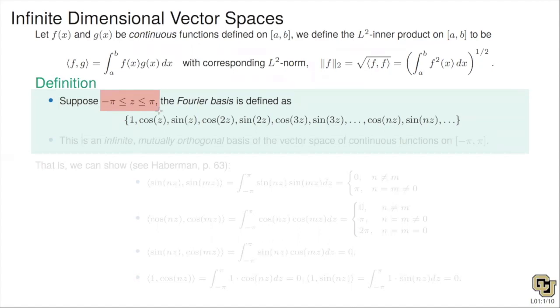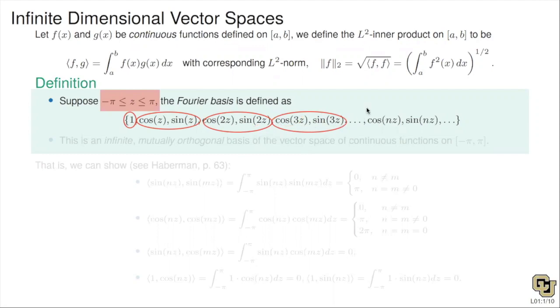It's a long story. So the Fourier basis is defined as this infinite set of functions involving the cosine and sine. I have the number 1, which we can think of as cosine 0. Sine 0 is just 0. And you can think of the number 1 as cosine 0z. Then I have cosine z and sine z, cosine 2z, sine 2z, and so on and so forth.